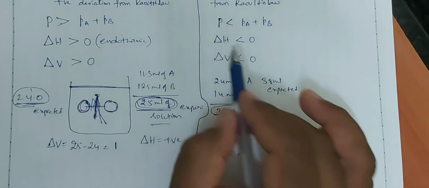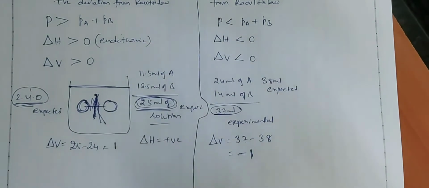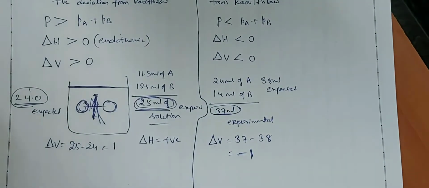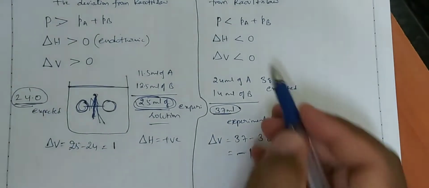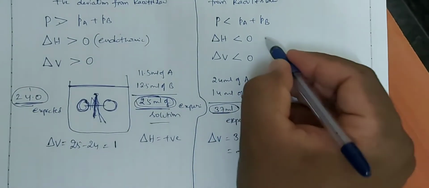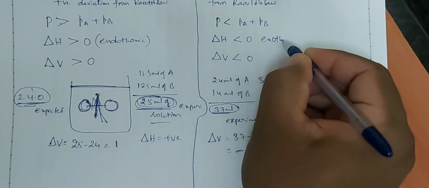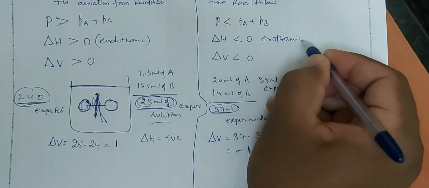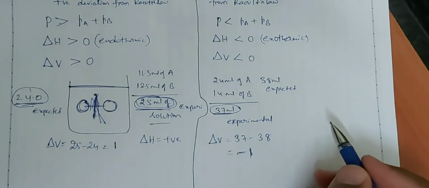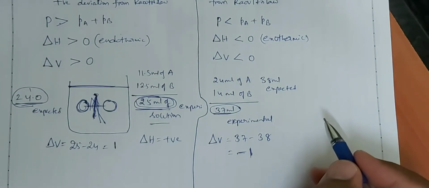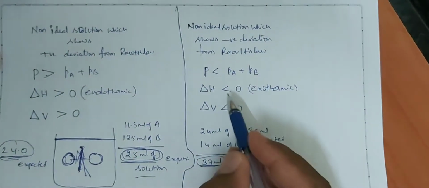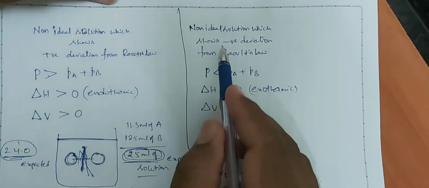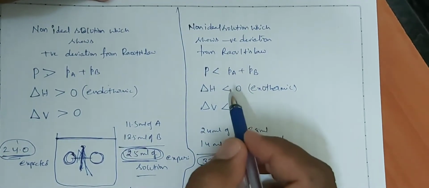Even here delta H is less than 0 because it is an exothermic process. For showing negative deviations, new attractions will be formed.